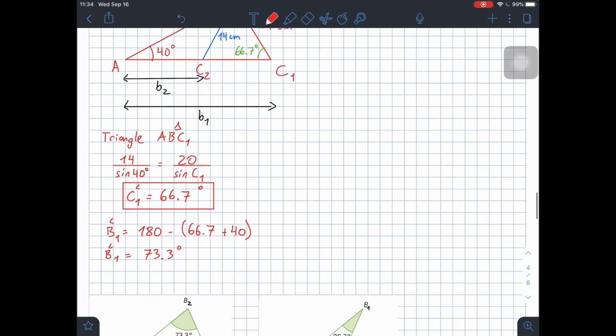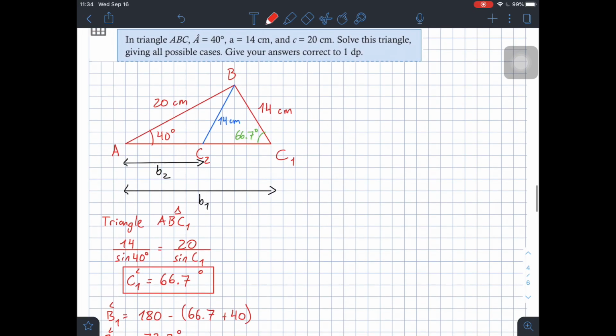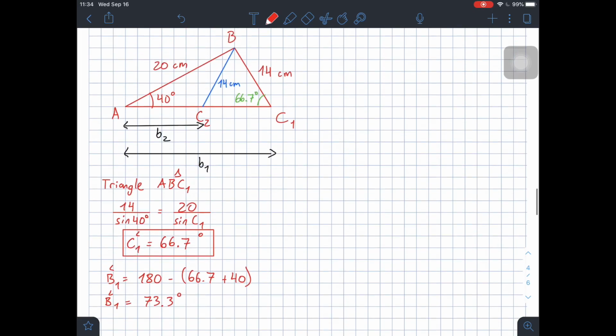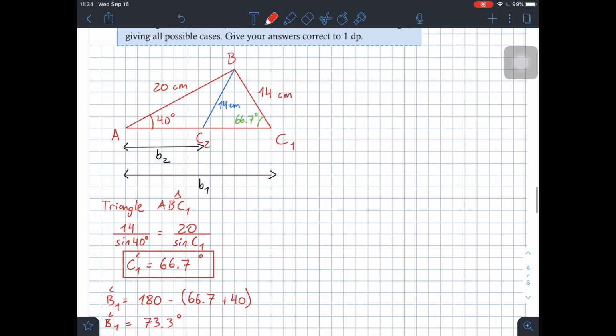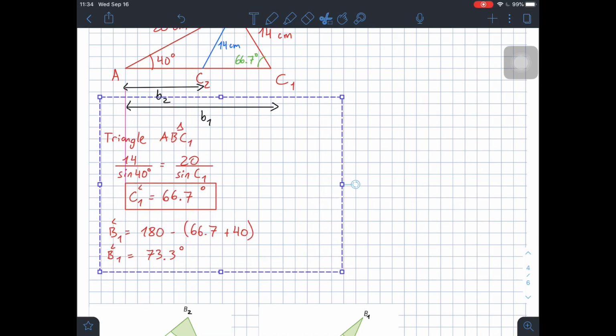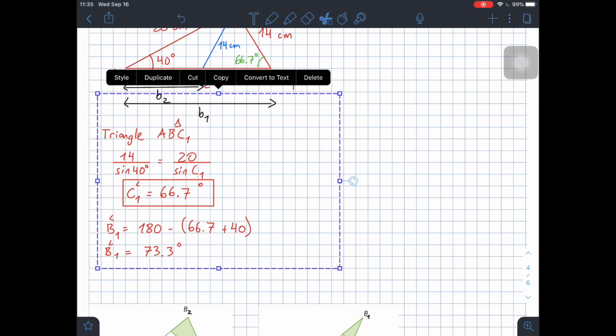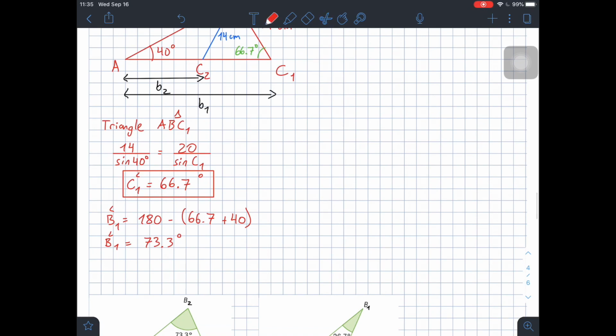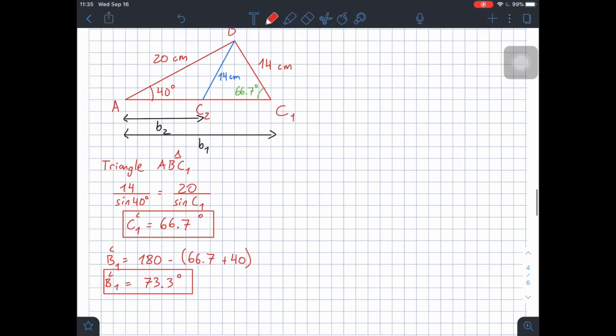So to find side B1, we can again apply the sine rule. Let me see if I can get a little bit more space here. There. Okay, to calculate side B1, I'm going to again apply the sine rule.